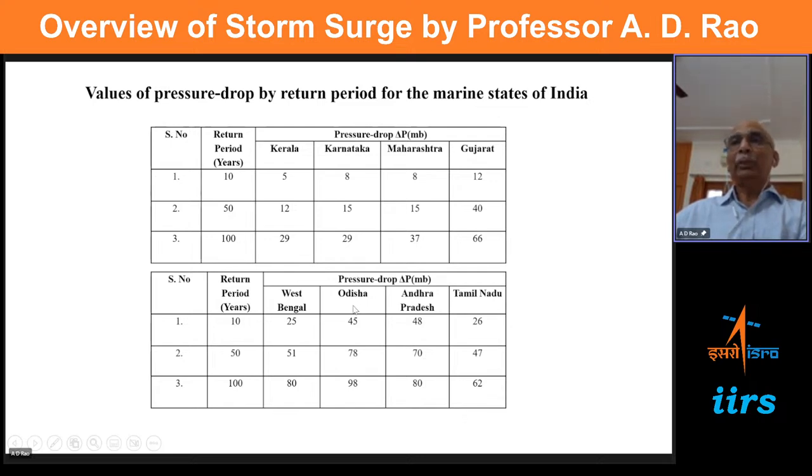And comparing Odisha and Andhra Pradesh, Odisha gets more severe cyclones. So this gives an overall picture of how each Indian maritime state is affected by cyclones and at what intensity. This is a return period analysis, which gives a perspective on how intense cyclones are for each maritime state.